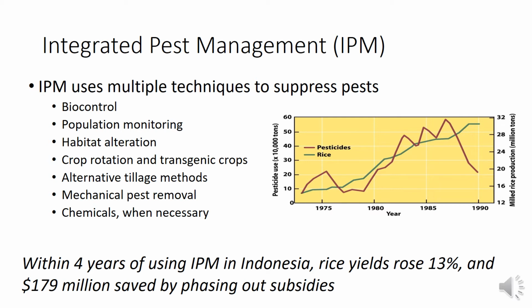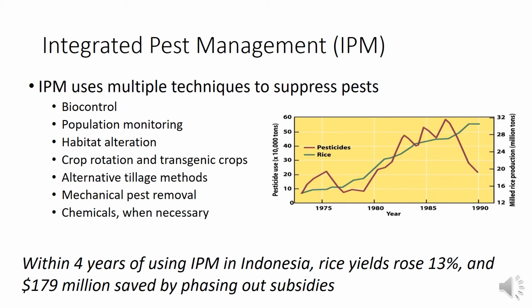And so we're going to go over some of these in detail, such as biocontrol, crop rotation. But you just monitor your population, and maybe the pests aren't so bad and you don't have to do anything. Or maybe you want to bring in some different habitats, such as some marigolds to bring in ladybugs, and the ladybugs eat the pests that you don't want.